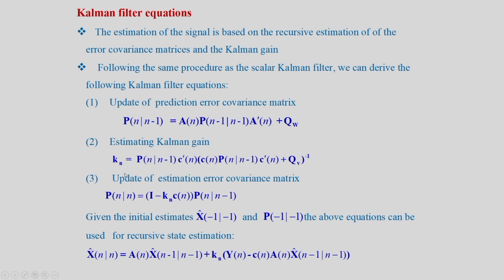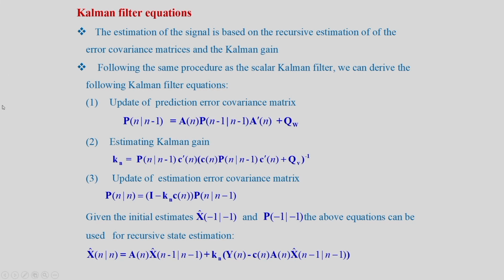So, that way the Kalman gain is given by the error covariance matrix multiplied by the output matrix transpose multiplied by this inverse of C n into P of n given n minus 1 into C n transpose plus Q v. Q v is the covariance matrix of the observation noise.